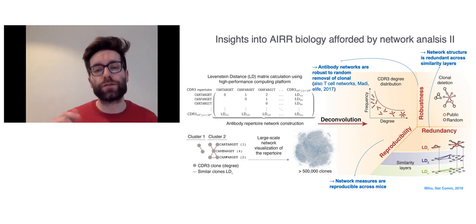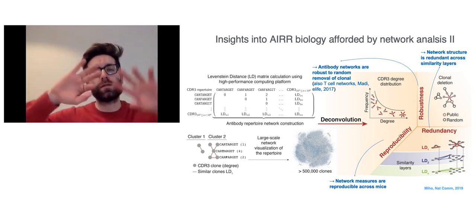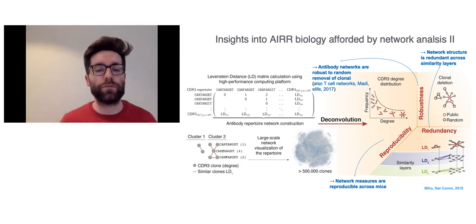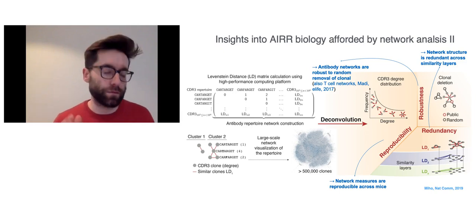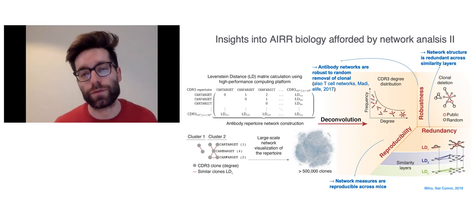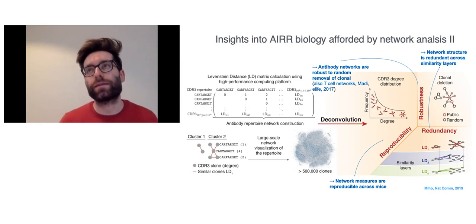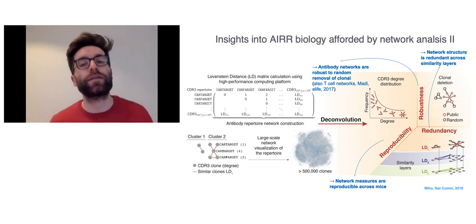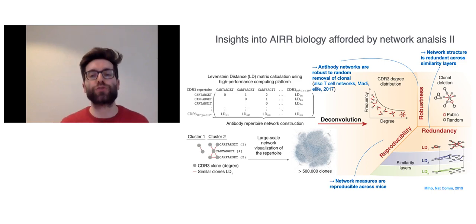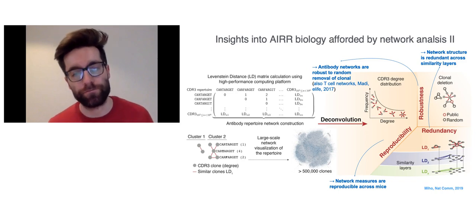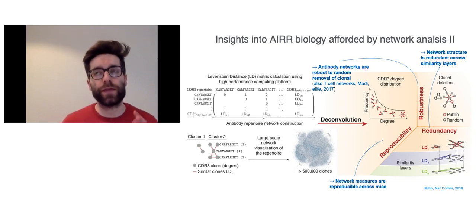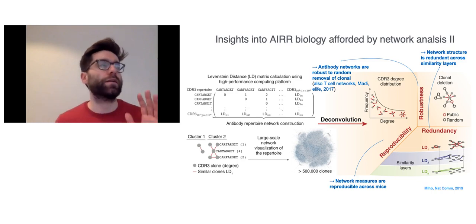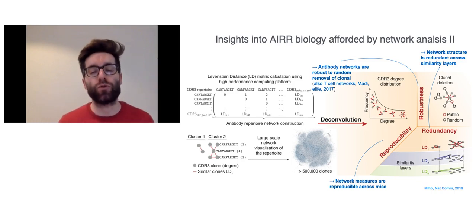If you delete a certain number of public clones from your network, it will completely disintegrate into different clusters and will not have the shape anymore, for example the exponential shape. So public clones are usually more connected than non-public clones, which could be due to generation probability. There you see that generation probability and sequence similarity could go hand in hand.